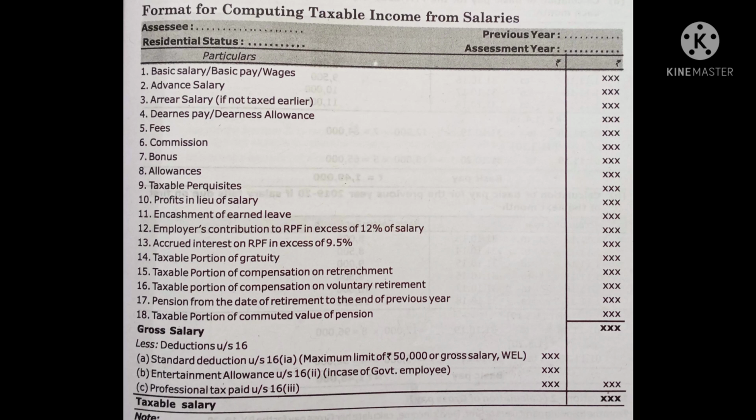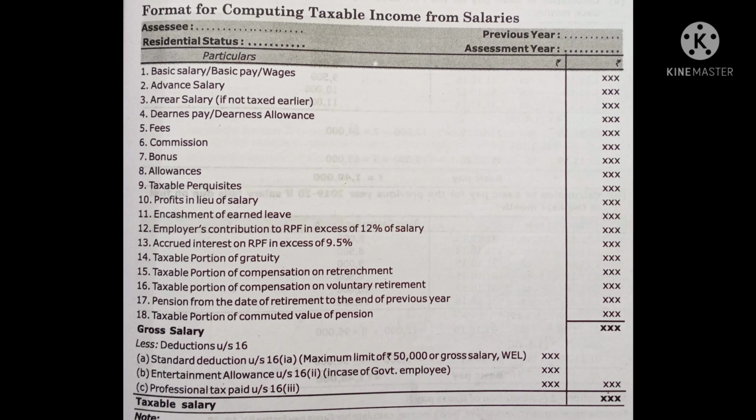So further, after doing all these calculations, if you add all the 18, then you get the gross salary. Once you get the gross salary, you have to subtract the deductions under section 16. As given below, there are 3 deductions.